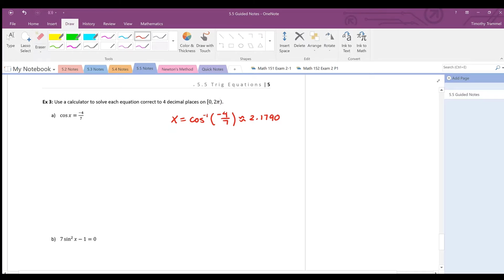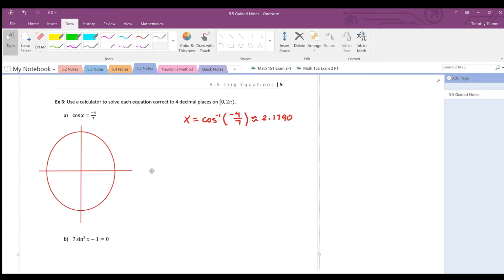Okay. But let's think about this in terms of our unit circle. We're going to make a little sketch here. Now that we have our unit circle sketched, let's think about where this angle that we found actually lies. And I'm actually going to call it maybe x1 because we're going to end up with another answer here.